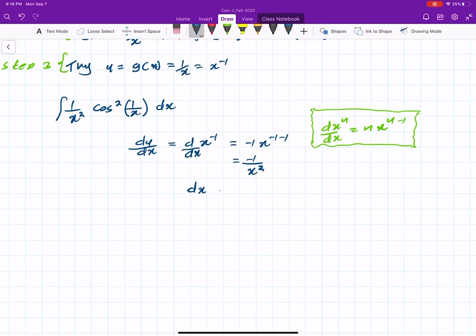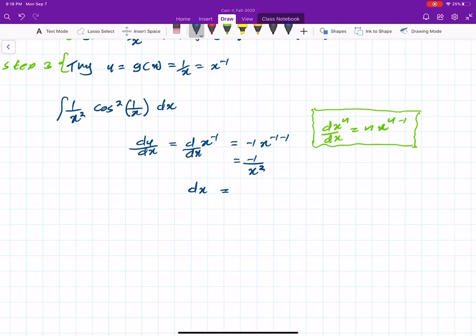Right, now I do the cross multiplication and solve it for dx. Then dx should be minus du times x square. I'm not sure whether you are clear about that, so let me show an additional step here.